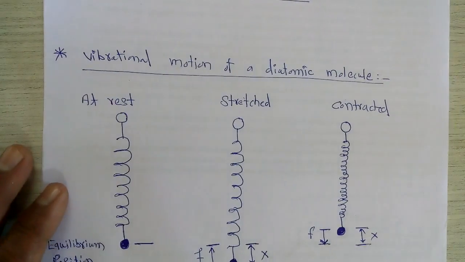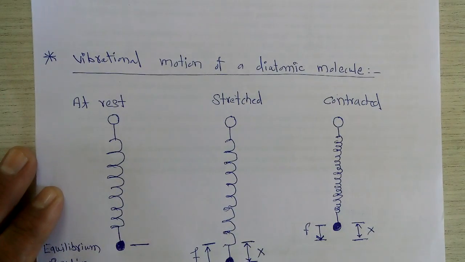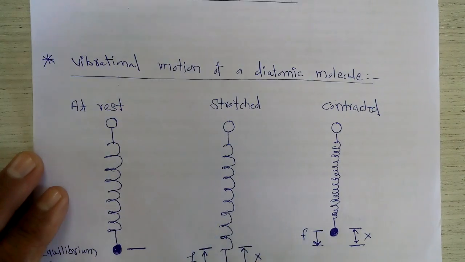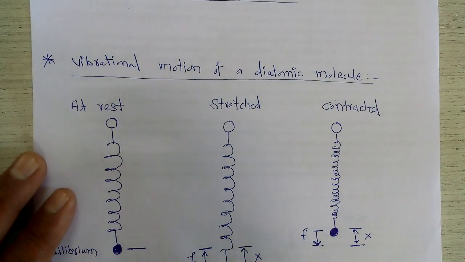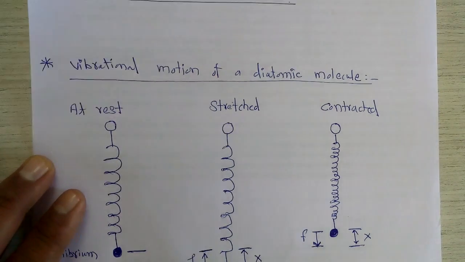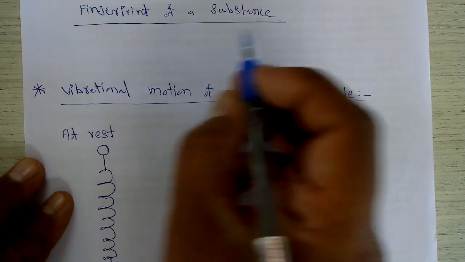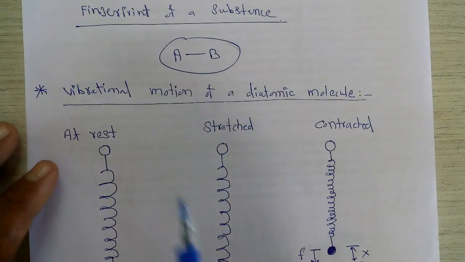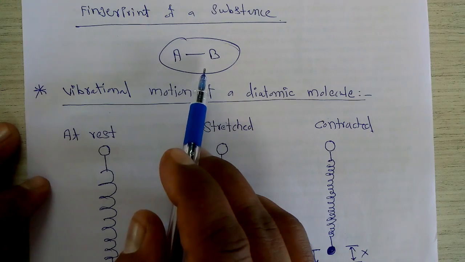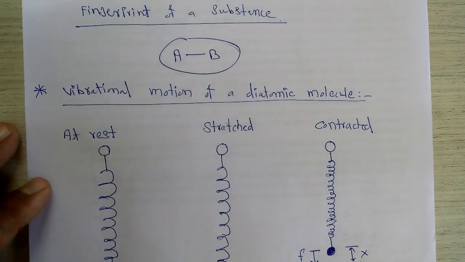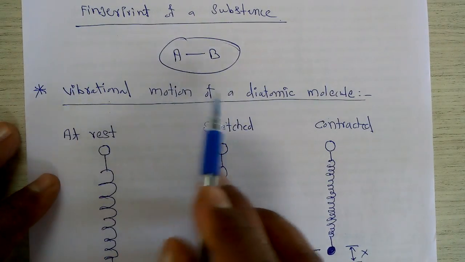We just studied that in a molecule, after the absorption of IR radiation, there can be a change in the vibrational motion of the molecule. Suppose we consider a diatomic molecule, A single bond B, and IR radiation is incident on or absorbed by this molecule. What happens then? That is the vibrational motion of a diatomic molecule.